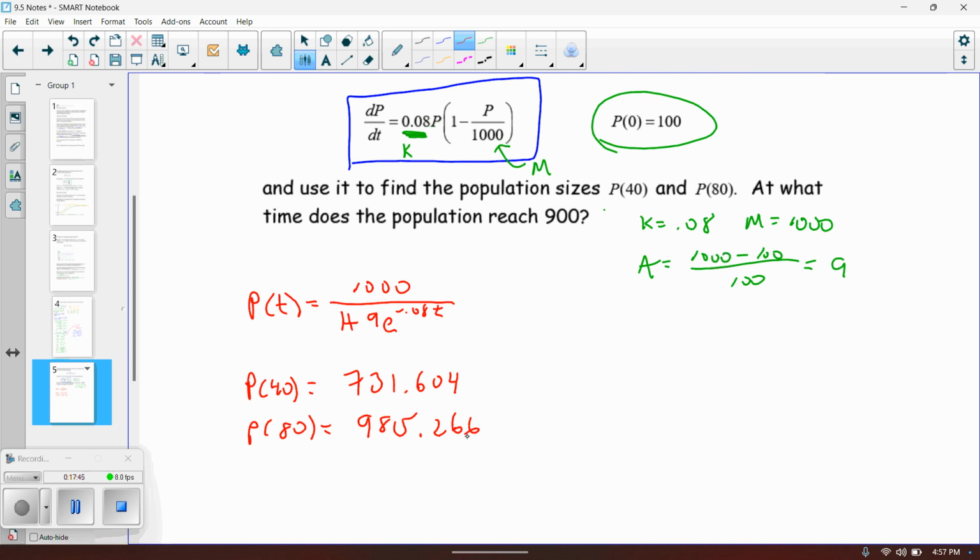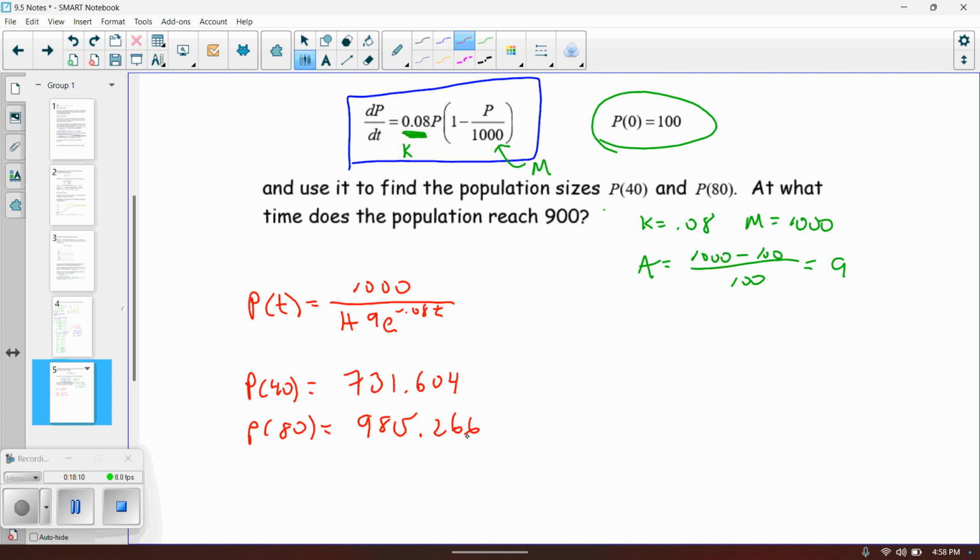Okay, and what you should be able to see, again, is it's 731 point something at 40, and at 80 it's 985. The further and further we go with our times here, the closer and closer this thing should be reaching towards 1,000. It should approach, but it never really should get to 1,000. If you plugged in a really big number, of course, it might slow your calculator down, but you should be really close to 1,000, like 999 point something.